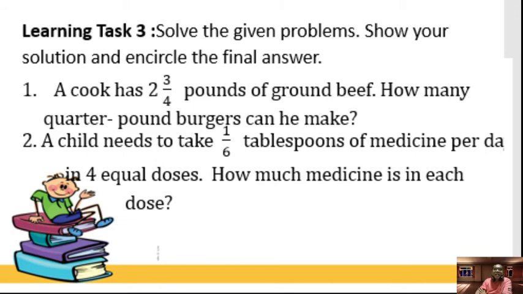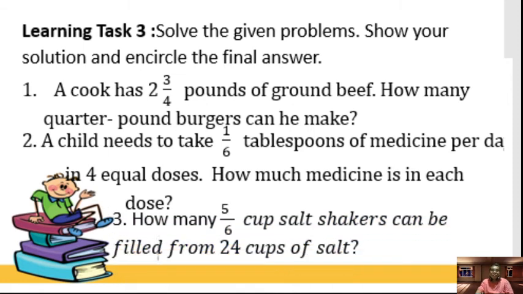How much medicine in each dose? So, how many 5/6 cup salt shakers can be filled from 24 cups of salt? Okay, so you can use Polya or the AGONSA.